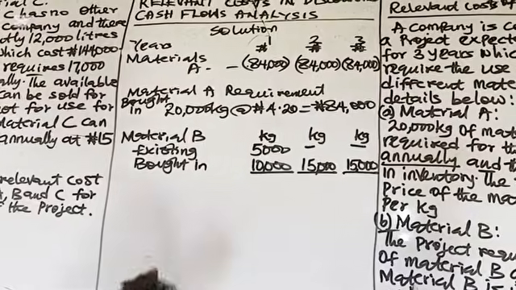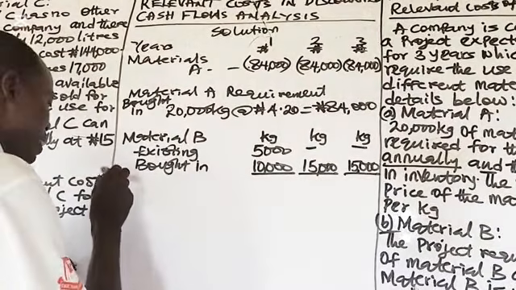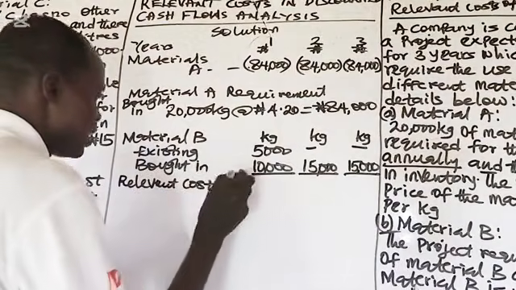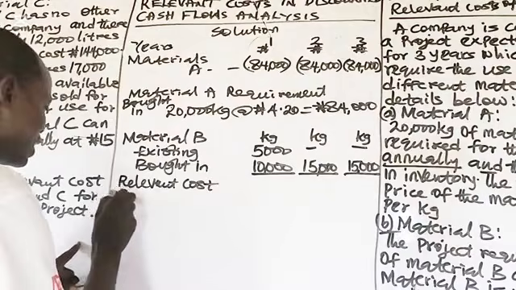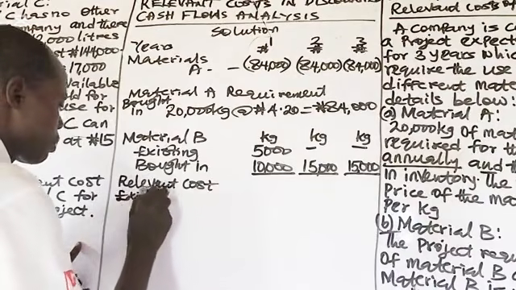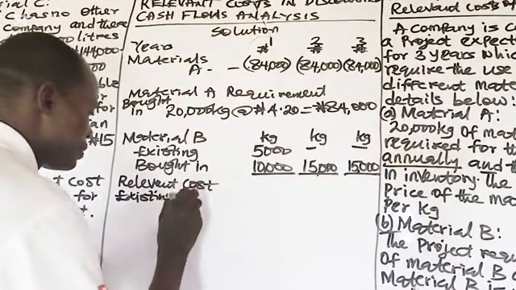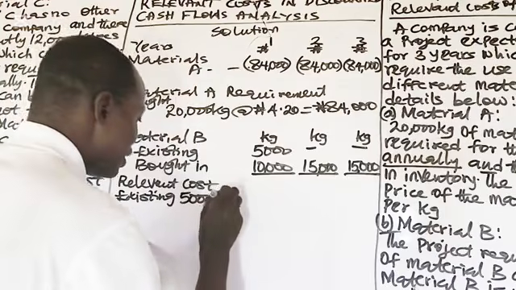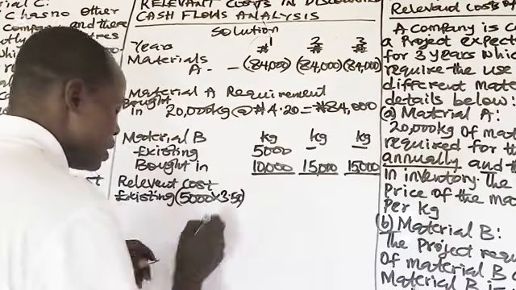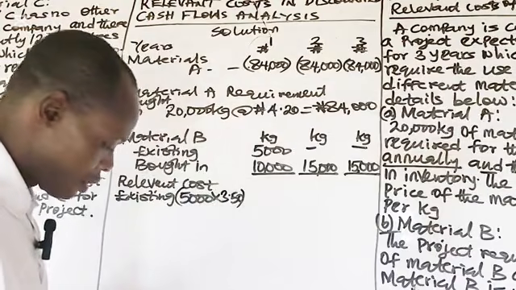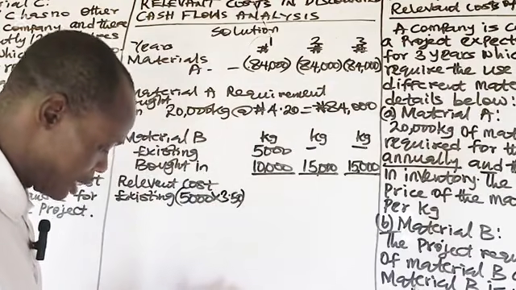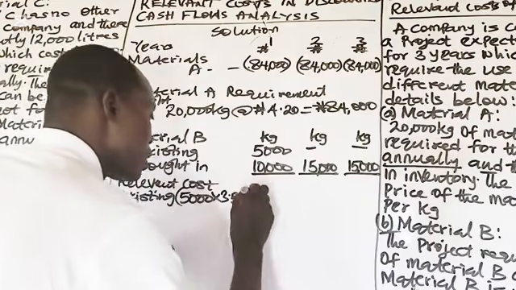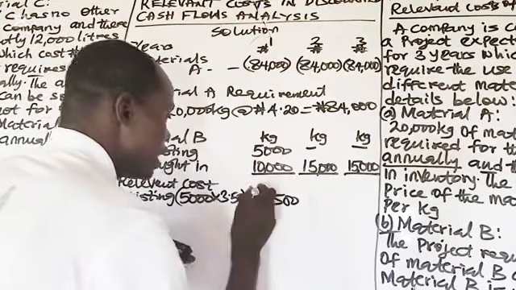So now, relevant cost. For the existing material, which is 5,000 here, times the replacement price, which is 3.50 kobo. So 5,000 times 3.5 gives us 17,500 for the existing.